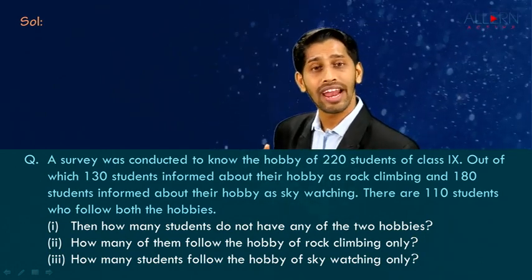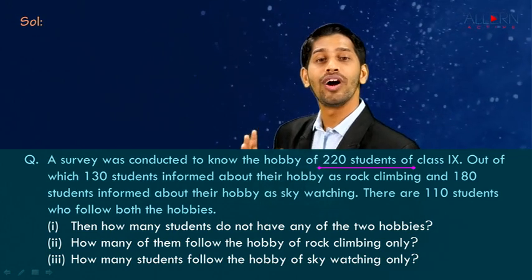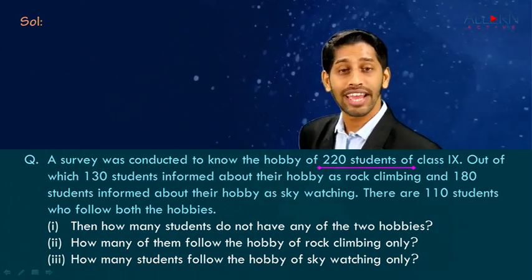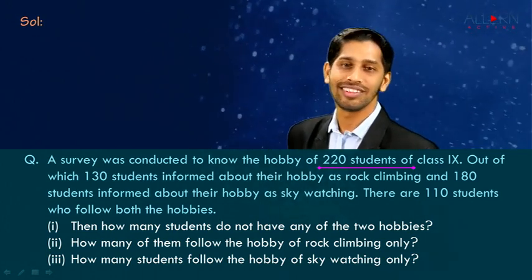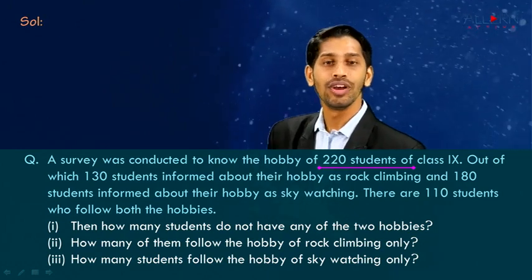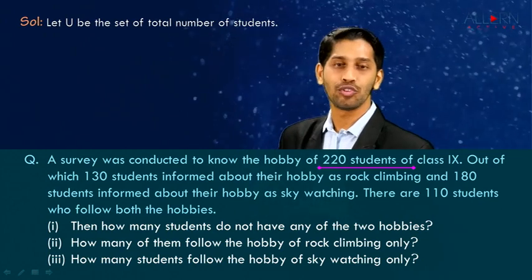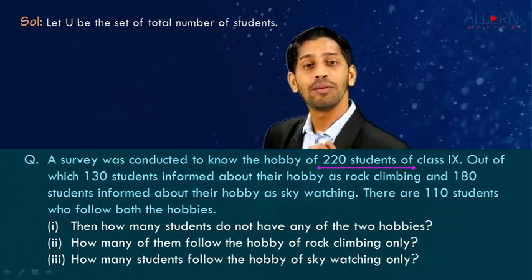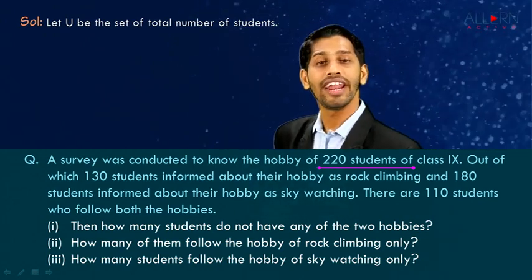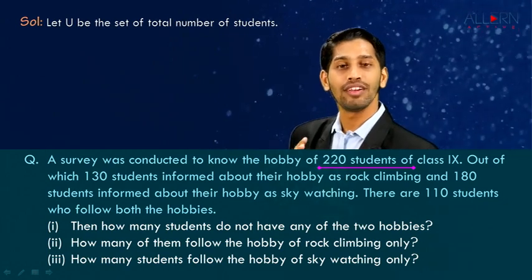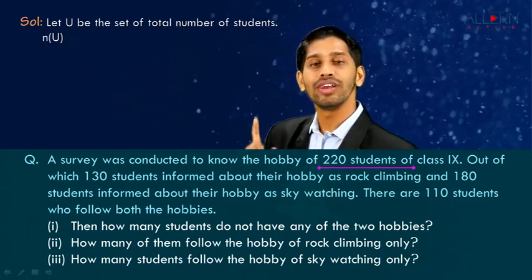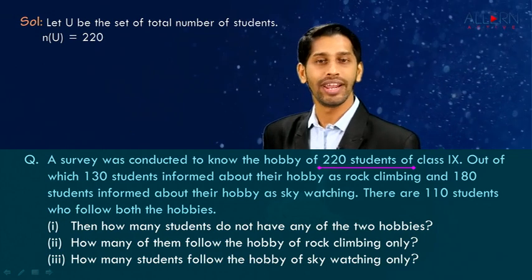So it says that in total there are 220 students of class 9, that is nothing but a universal set denoted by U. So we write, let U be the set of total number of students. Now the total number of students is given as 220, so we write in mathematical form n of U is equal to 220.